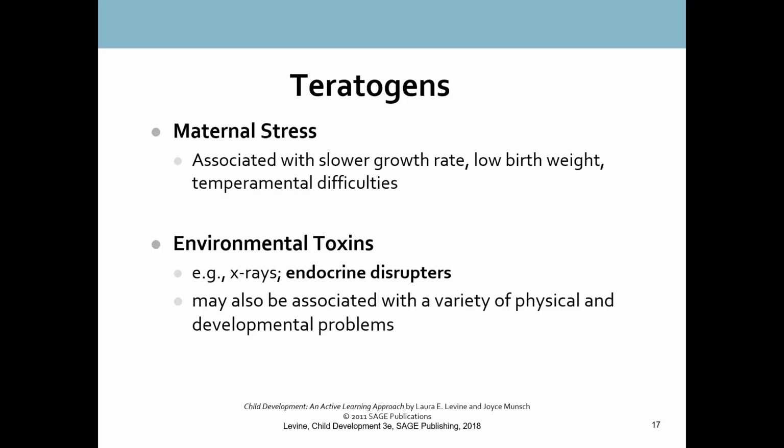What else here? Endocrine disruptors. These are chemicals that interfere with the functioning of the hormonal systems of the body. Endocrine disruptors include such things as household cleaning products, insect repellents, pesticides, and nasty air pollution sometimes, if it's bad enough.